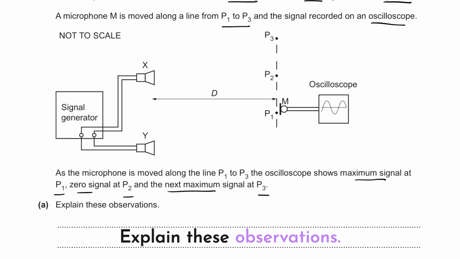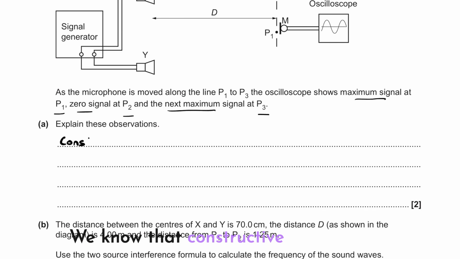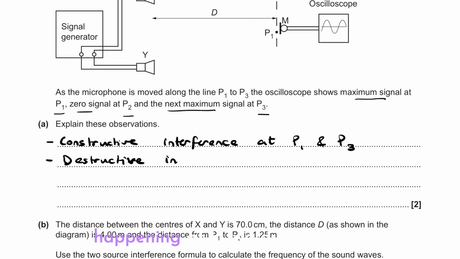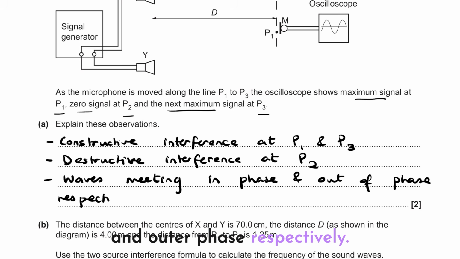Explain these observations. We know that constructive interference is happening at P1 and P3, and destructive interference is happening at P2 due to waves from X and Y meeting in phase and out of phase respectively.